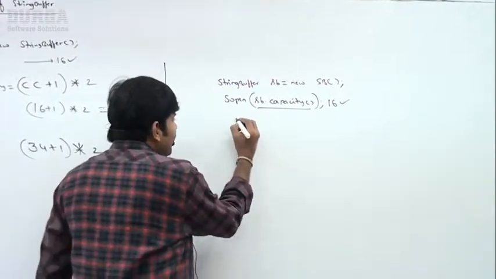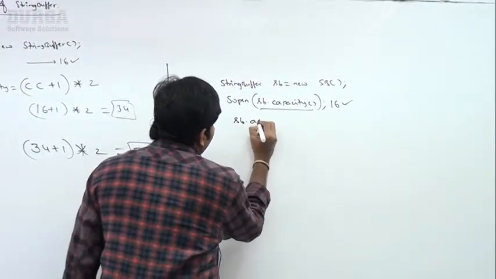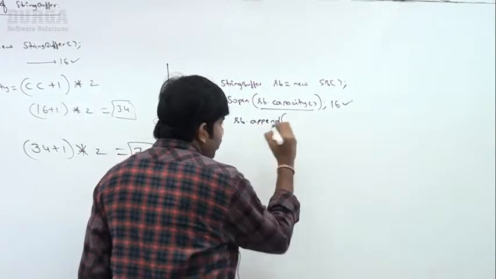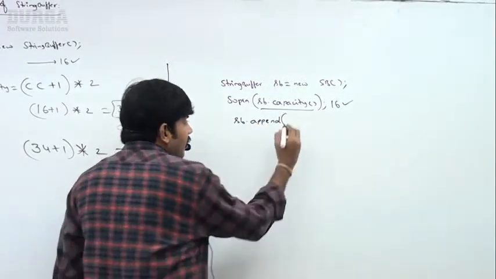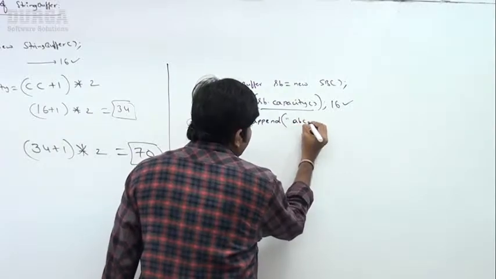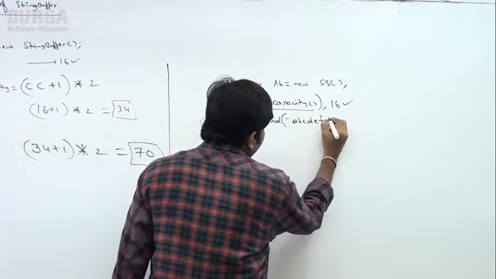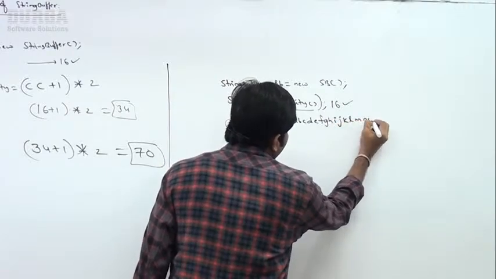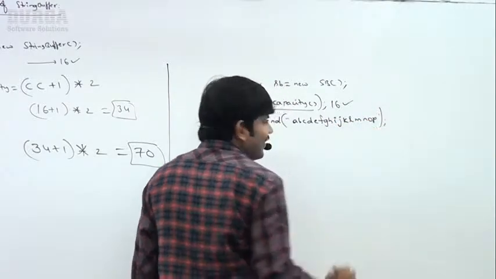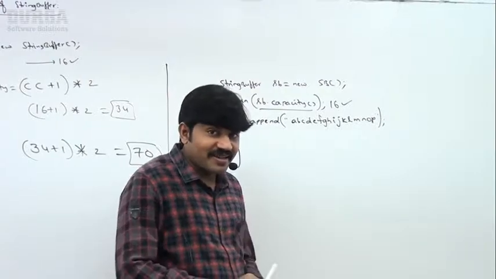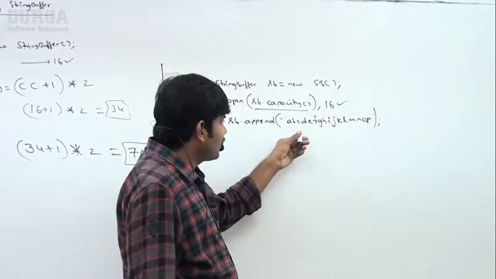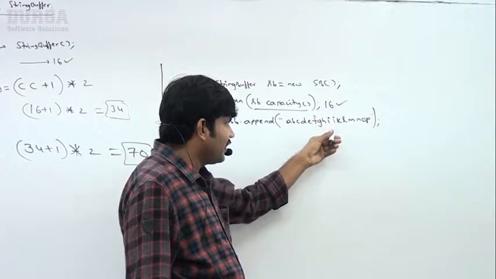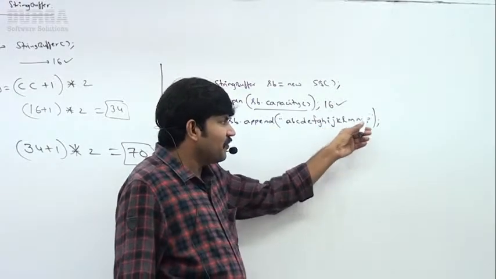sb.append of A, B, C, D, E, F, G, I, J, K, L, M, N, O, P. Total how many characters are there? Can you please count? 1, 2, 3, 4, 5, 6, 7, 8, 9, 10, 11, 12, 13, 14, 15, 16.